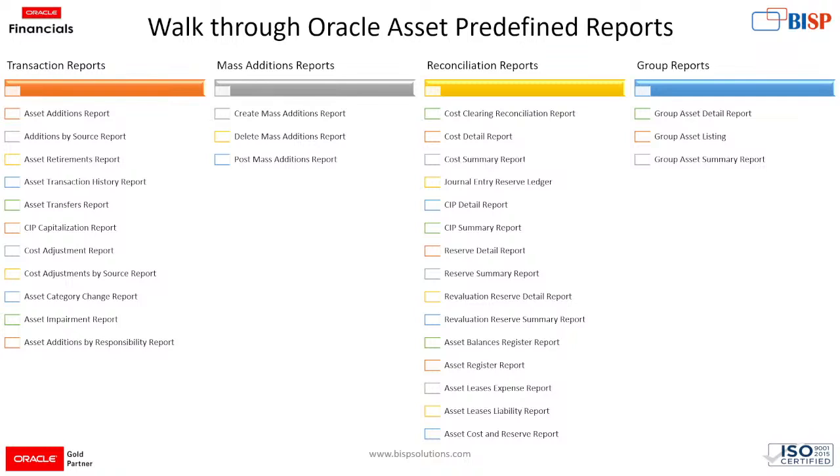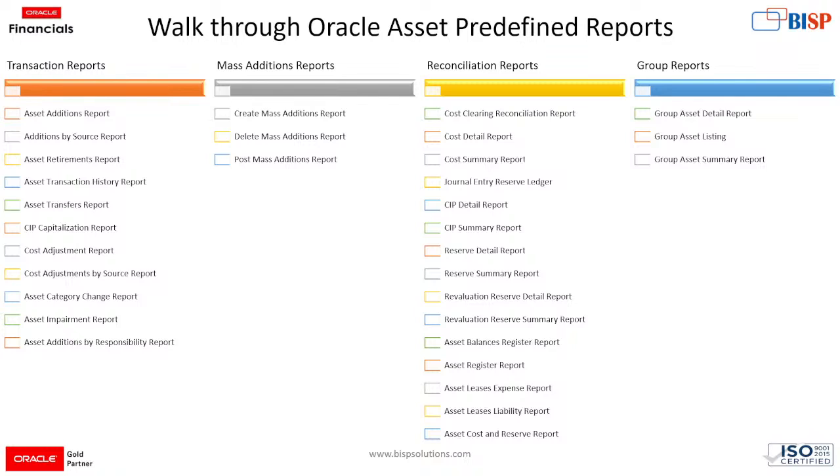CIP capitalized report, a list of CIP assets capitalized during the specific period, sorted and grouped with totals of each balancing segment and CIP cost account, cost center, and asset cost account. Cost adjustment report.